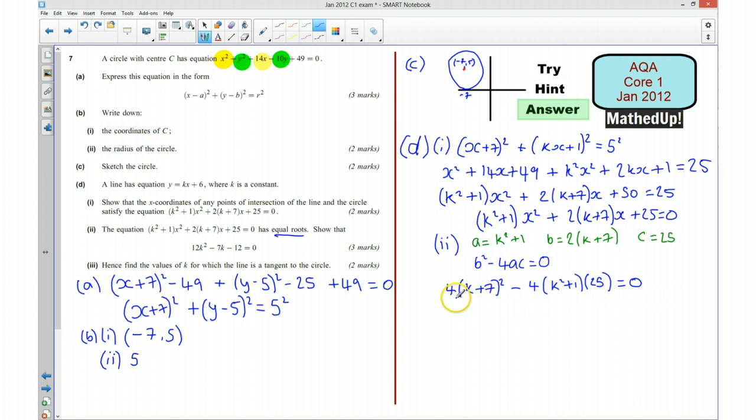So if I expand this out, I'm going to have 4 lots of k squared plus 14k plus 49, subtract, well, 4 times 25 is 100, so 100 lots of k squared plus 1.